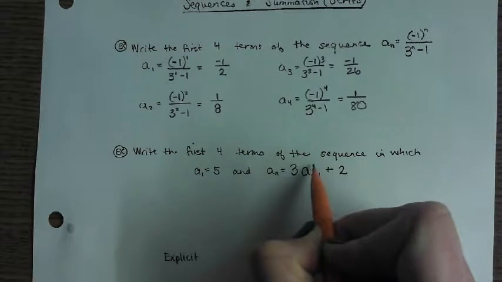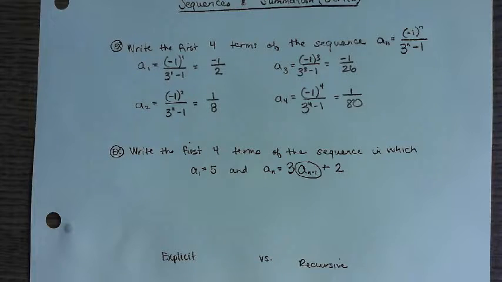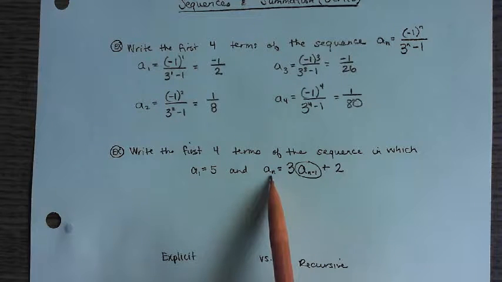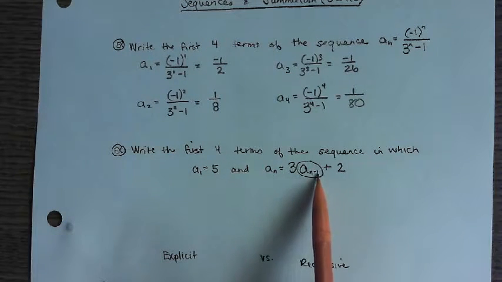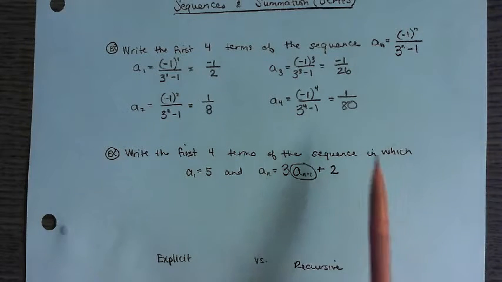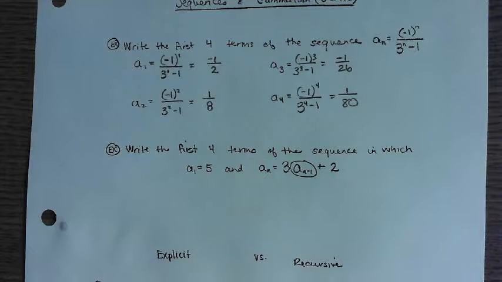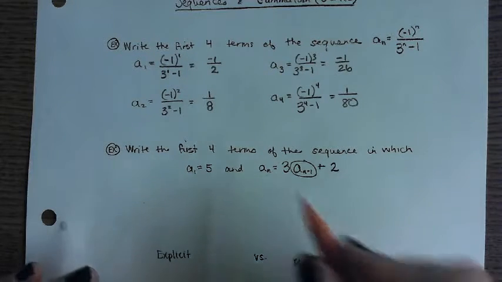So this section here, a sub n minus 1, to me, if a sub n is the term you're looking for, a sub n minus 1 is always the term before. If it was a with a subscript of n minus 2, that would mean 2 terms before, and so on. So for this one, if I'm looking for the second term, for example, I already know the first term is 5.